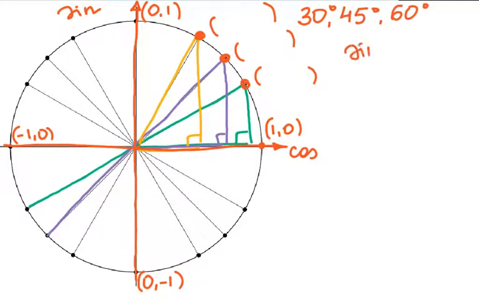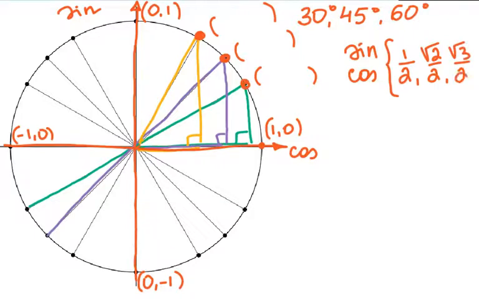For sine and cosine, you can only have these numbers: 1/2, square root of 2/2, and square root of 3/2. And for tangent, you can only have 1 over square root of 3, 1, and square root of 3.